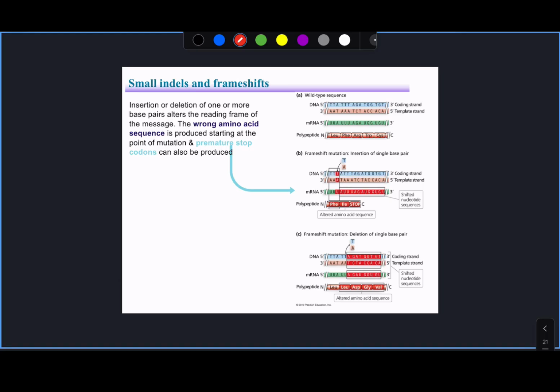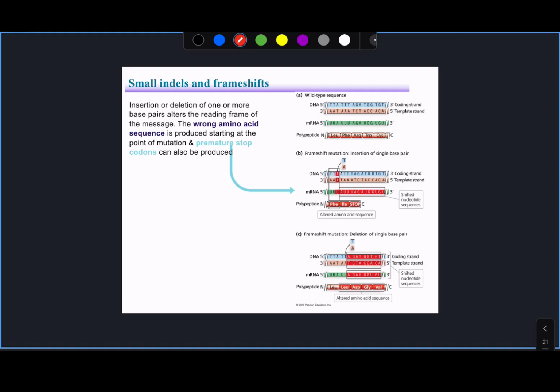Now they're going to have completely random combinations of 3 letters at a time. And it turns out that out of the 64 possible combinations, 3 of them are stop codons, right? So there is a slightly under 1 in 21 chances that with a frame shift mutation, you will spontaneously generate a stop codon. And 1 in 21 doesn't seem like much, but when you have a protein that has 1,000 amino acids, it will happen.